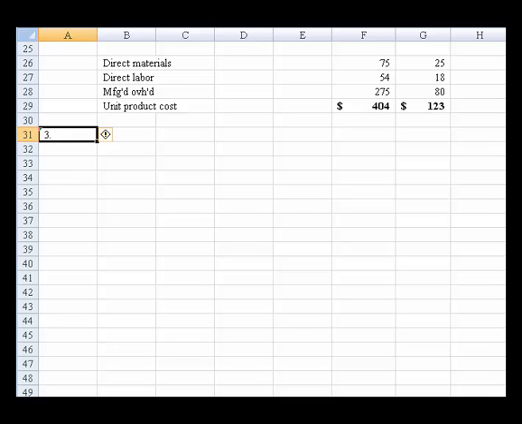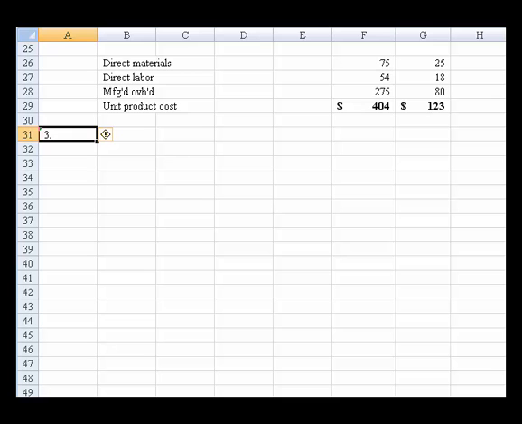Then the costs associated with batch level activities, and this was machine setups, were assigned on the basis of setups rather than direct labor hours, and that change resulted in differences between how the items were costed.